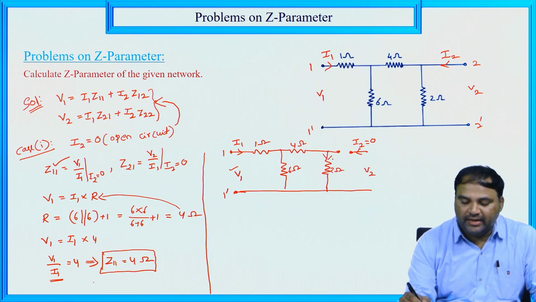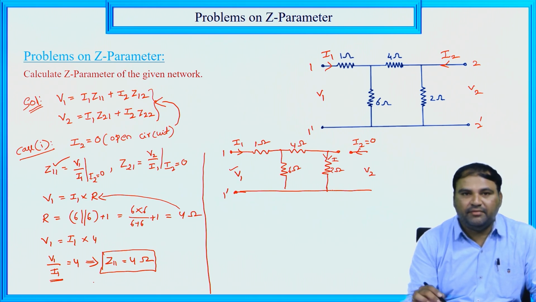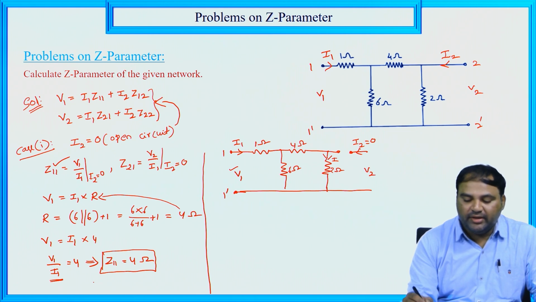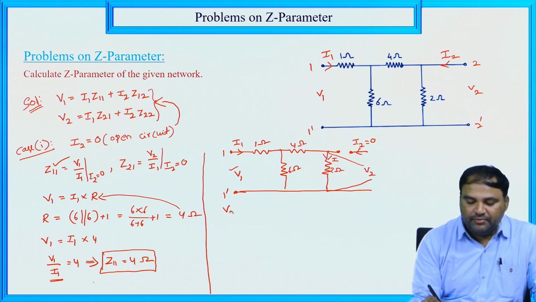I am taking the current as I, as we already have I1 and I2. Now we need to calculate the voltage drop at the 2 ohm resistor. The voltage drop at the 2 ohm resistor is V2 equal to 2 into I.